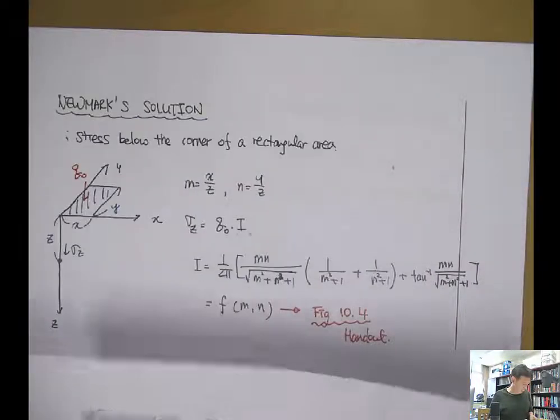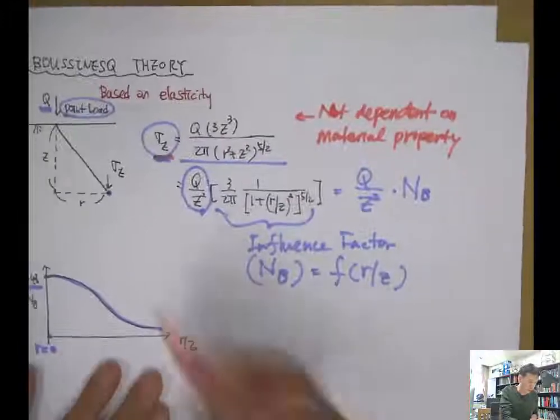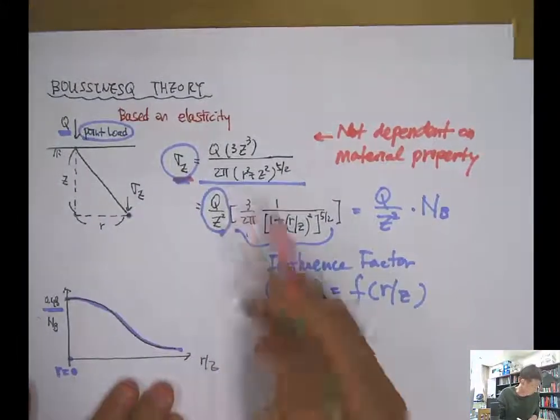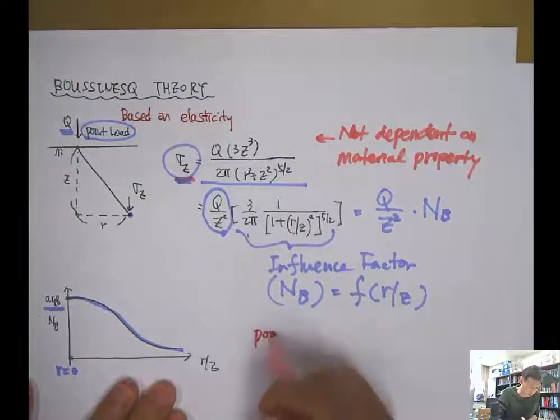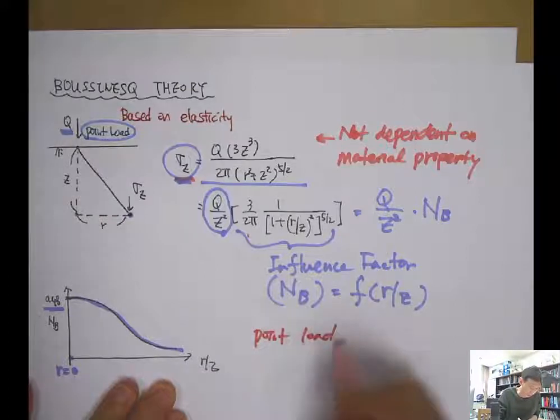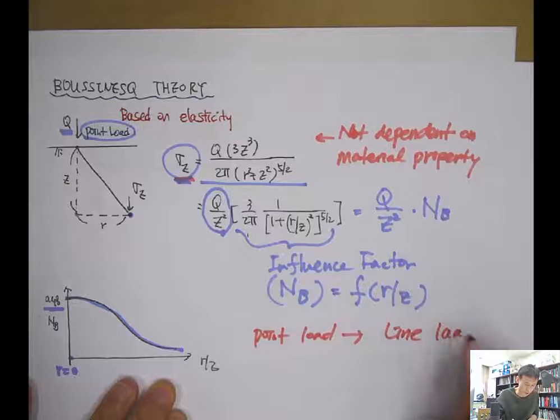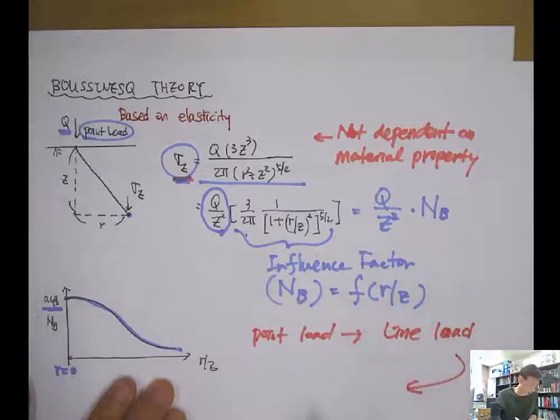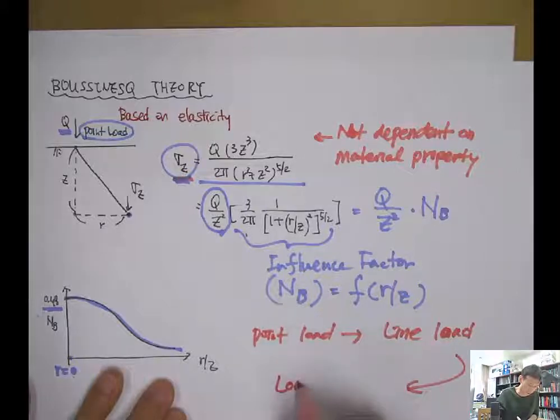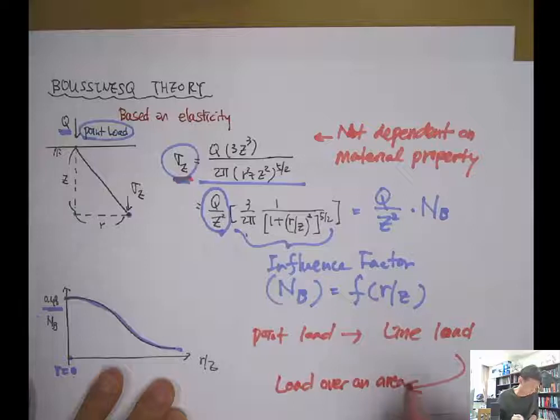Okay. So because this is the point load equation, from the point load, if you integrate, this becomes the line load, right? And if you integrate one more time, this becomes the load over one area.